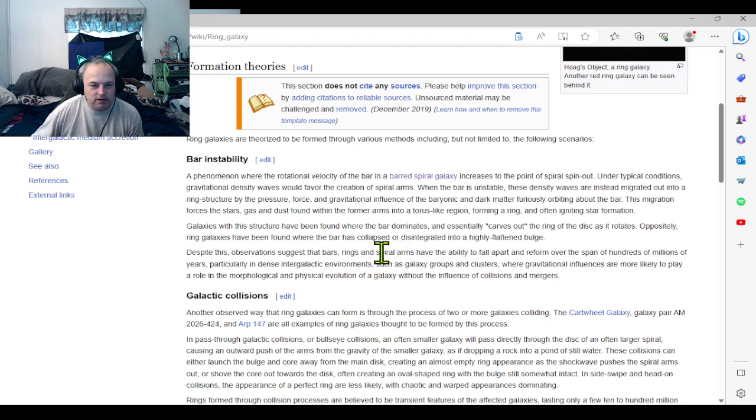Despite this, the bar's ring and spiral arms have the ability to fall apart and reform over the span of hundreds of millions of years, particularly in dense intergalactic environments, such as galaxy groups and clusters, where gravitational influences are more likely to play a role in the morphological and physical evolution of a galaxy without the influence of collisions and mergers. So this one kind of touches on what I'm talking about. Okay, there's a collapse and expansion there.